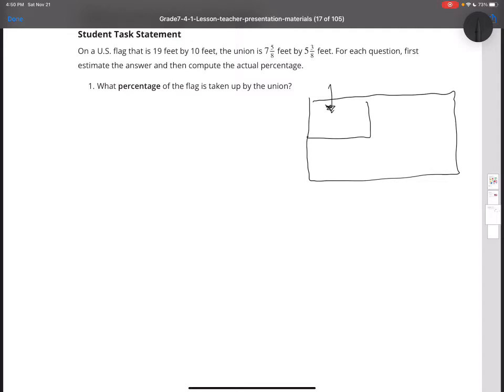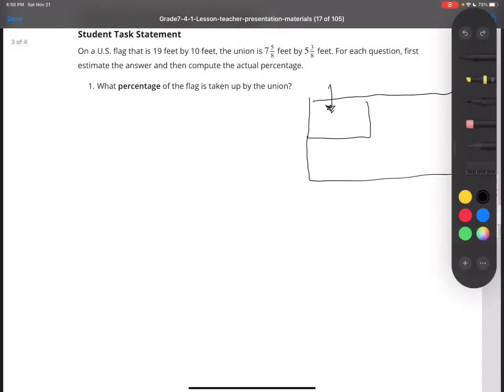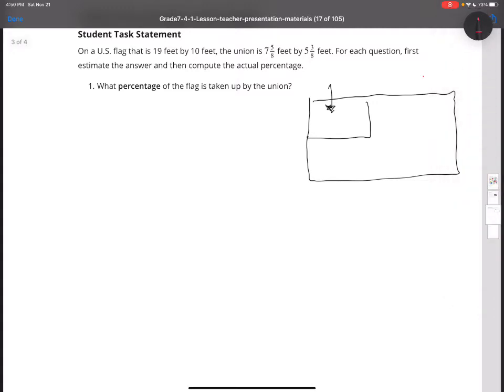All right. So just to put things in even more perspective, just imagine if this whole flag is 100%. I'll use a different color. And it wants to know what percentage of the flag is the Union. All right. Now, the first thing I want to do is find the area.